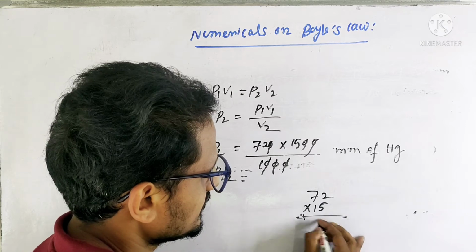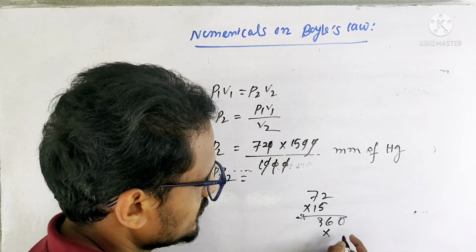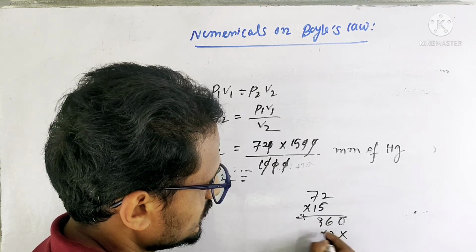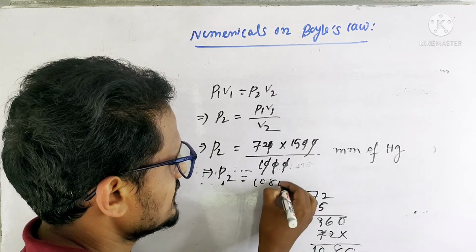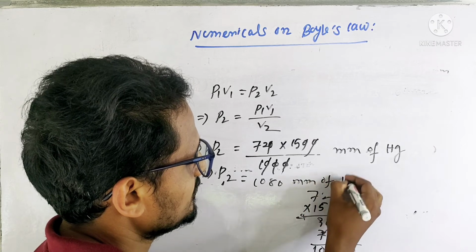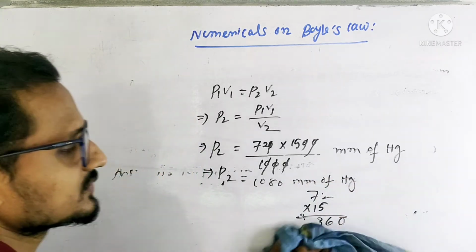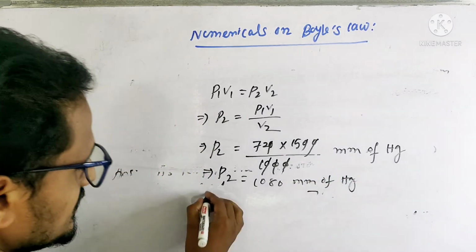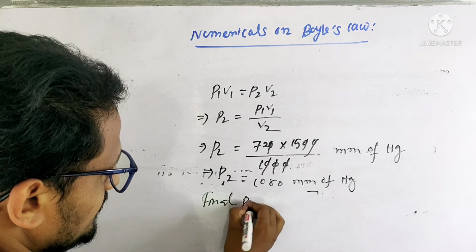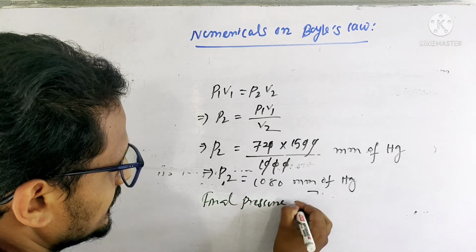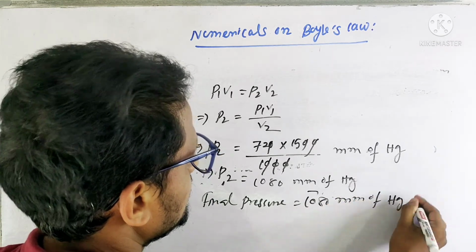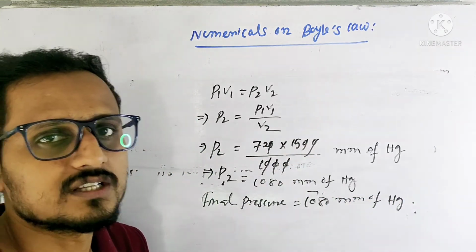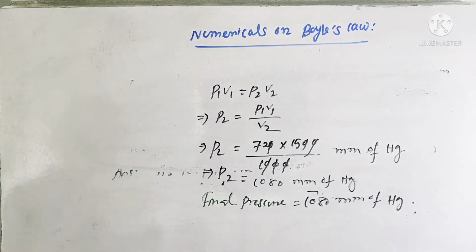Simple calculation gives 1080 millimeter of mercury. So the final pressure is 1080 millimeter of mercury. Copy this one, and we'll go to the next problem.